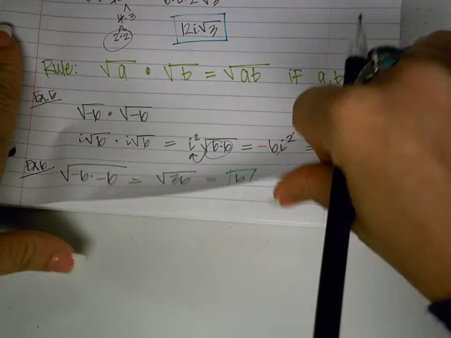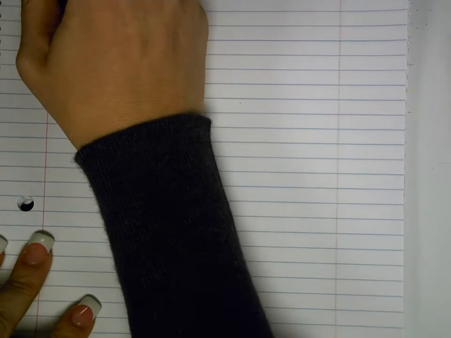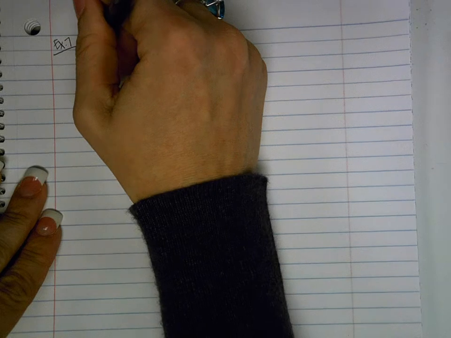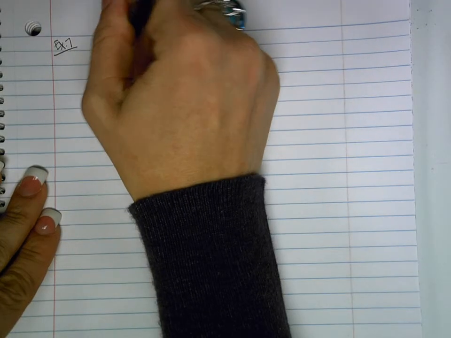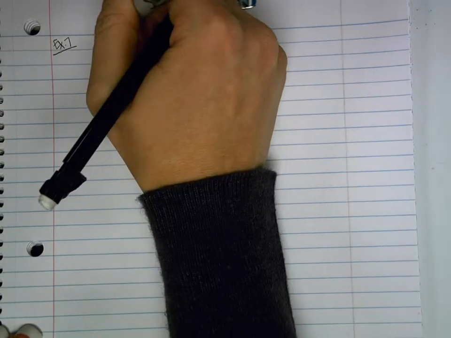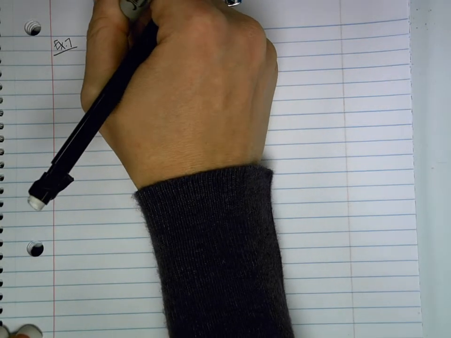Let's try another one. Four more. For number 7, 5i quantity squared. Anytime we have something squared on the outside, that means you have to square both of the parts inside.